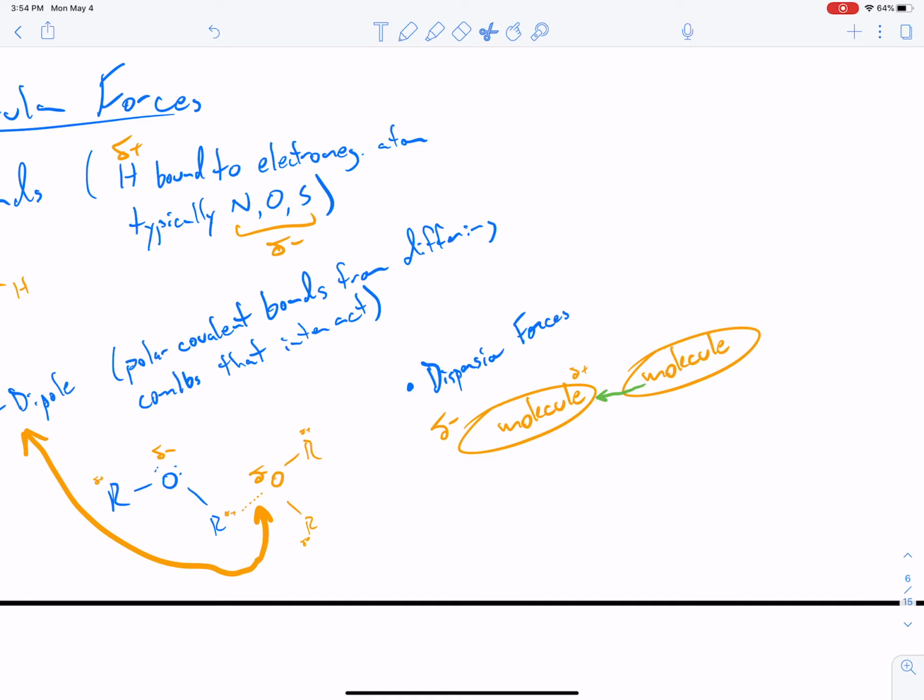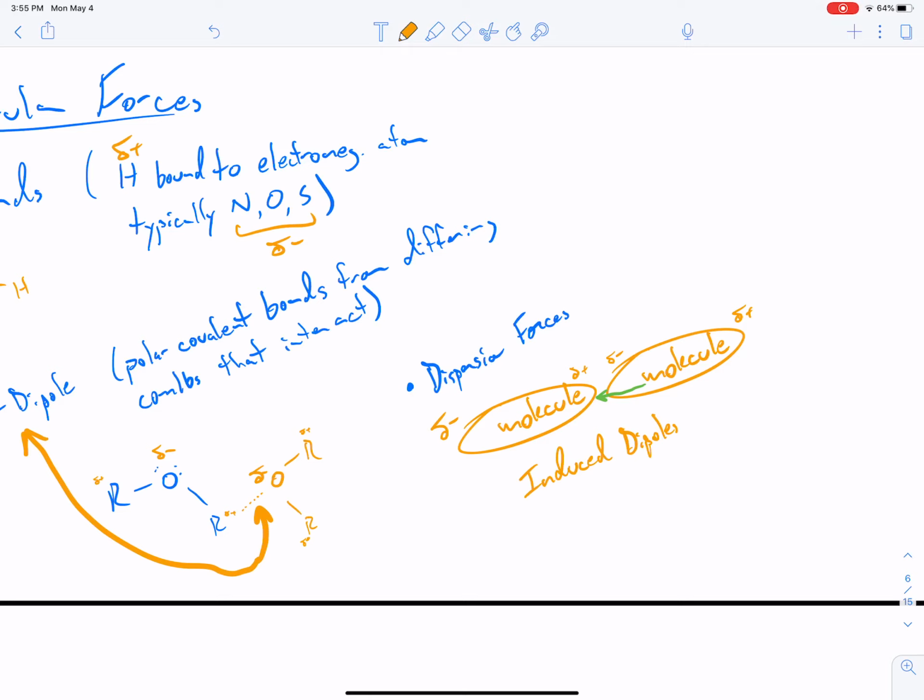Now, interestingly, as that happens, the one molecule on the right gets shifted too. And so we end up with a delta plus over here and a delta minus over here. These are called induced dipoles.